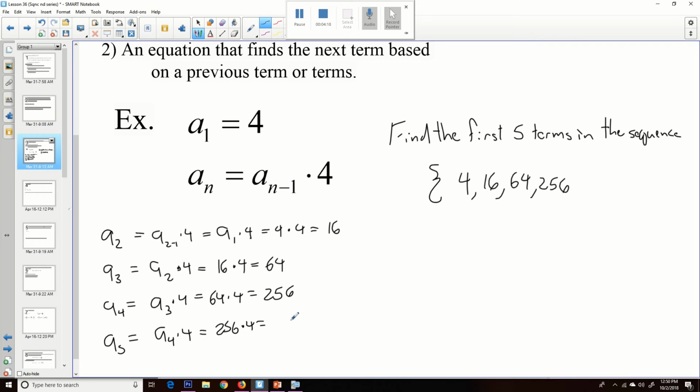And I'm pretty sure that 256 times 4 is going to be 1024. Yeah, I'm pretty happy with that. There's our sequence.